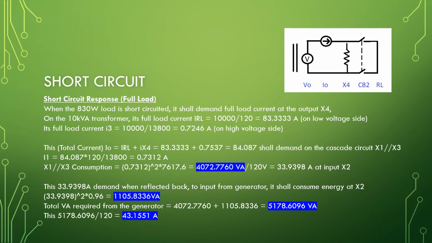This 33.9398 ampere demand, when reflected back to input from generator, it shall consume energy at X2.